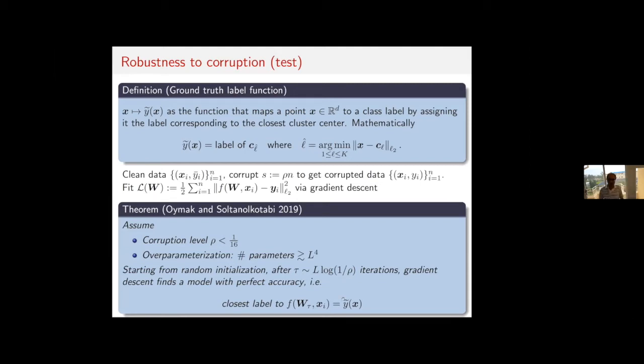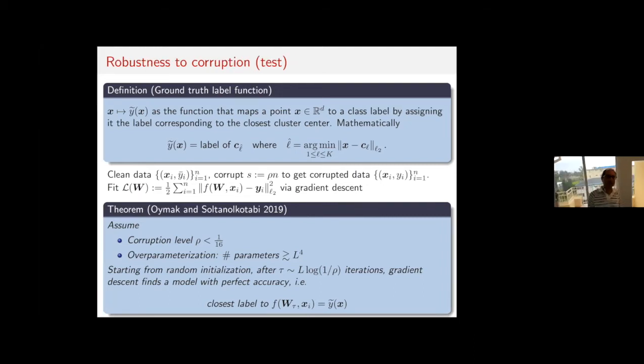So this also says that even on test data, you get basically perfect accuracy, at least if the corruption level is small. So basically as good as the MAP estimator in some sense.